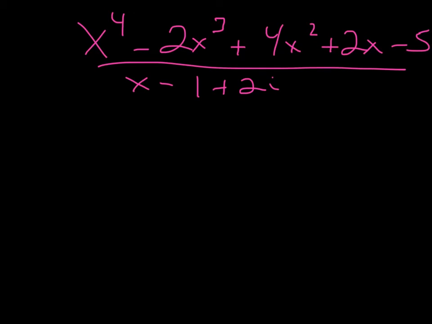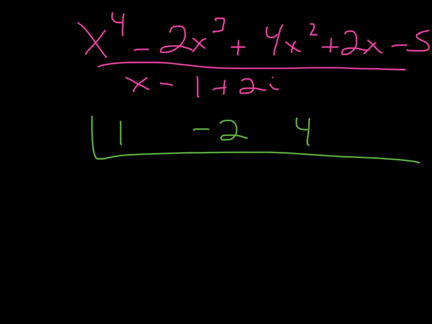Okay, so what we're going to do is set this up. So our coefficients, and I'm going to leave myself a little more room because it takes a little more room with imaginary, so -2, 4, 2, and -5. And I'm still going to divide that by 1 plus 2i, because if you think of this in parentheses, I should have put that in parentheses, I'm sorry. So it's 1 plus 2i.